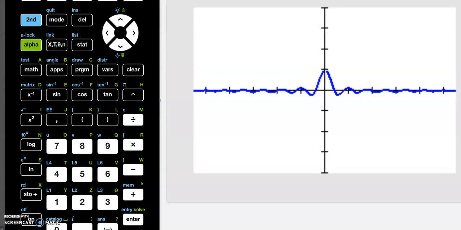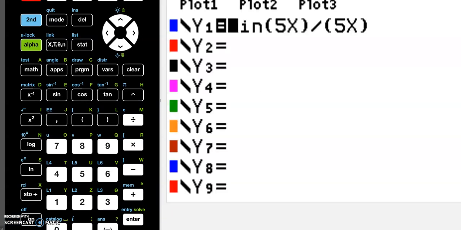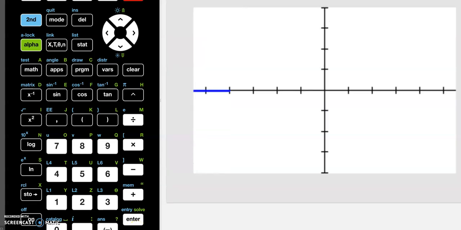My question for you is, will it matter what number is in front of x on the limit? So if I want to make this 8, the only thing I need to make sure of is that the denominator is 8x. Make sure you put parentheses around the denominator. And the limit still equals 1.